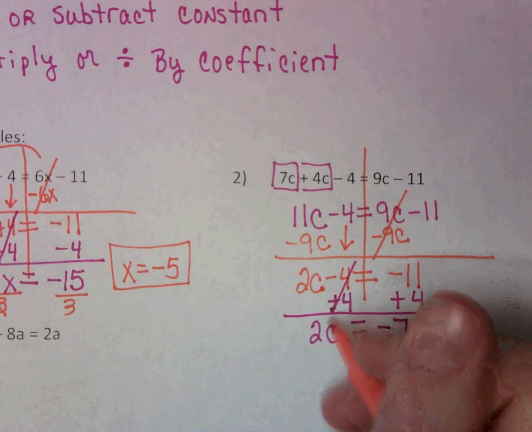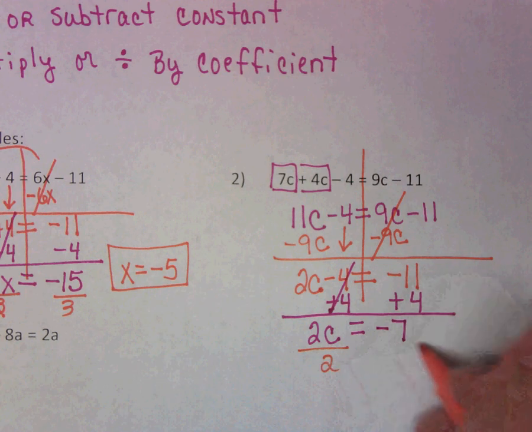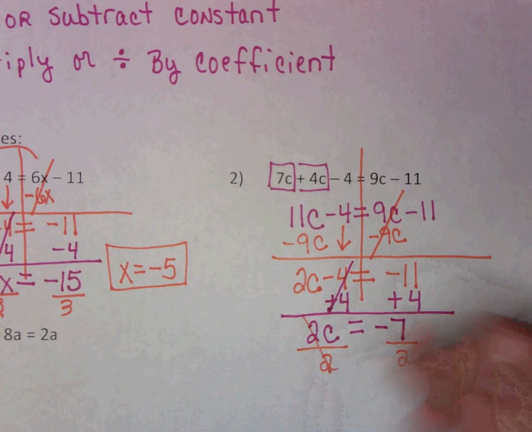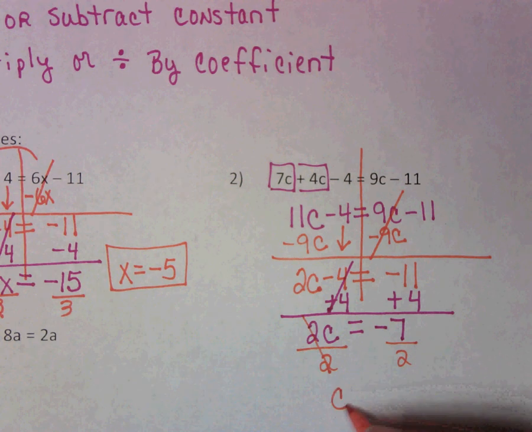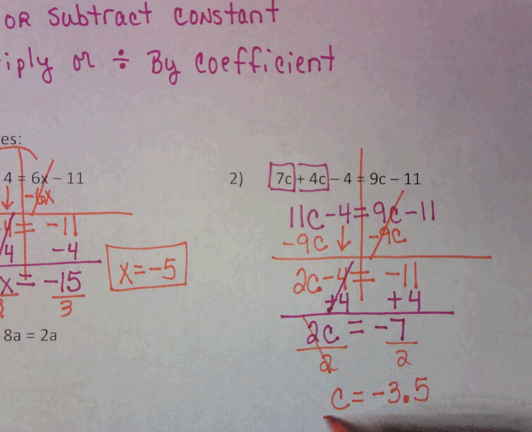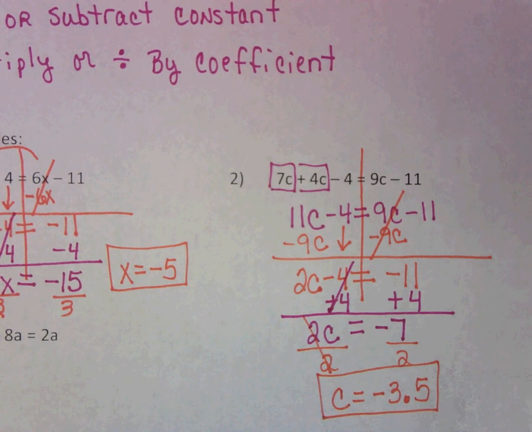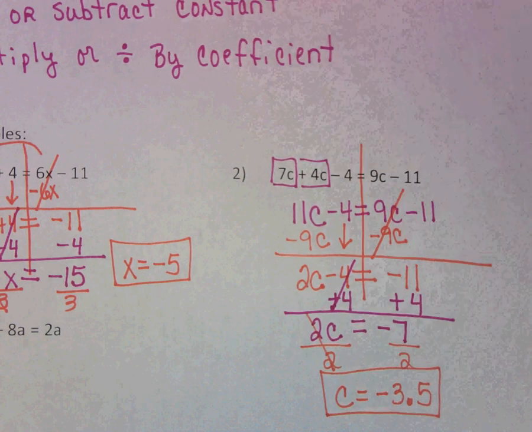And then our last step is to divide by 2. Now don't panic. You have your calculator. You can type in negative 7 divided by 2, and it will give you negative 3.5. Remember, you might have to hit Control Enter when you put that into the calculator to change it to its decimal. Okay, I want to show you one more example.